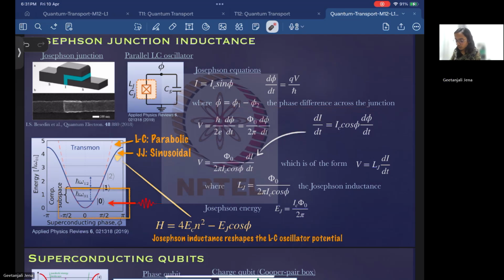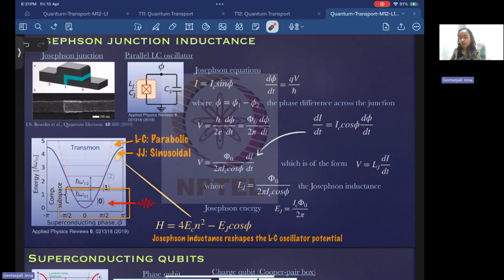And if we make some rearrangement, we can write the voltage as h-cut by 2e d phi by dt, or we can also write it as h by 2e, which is nothing but the quantized flux phi 0. So we can write it as phi 0 by 2 pi d phi by dt.